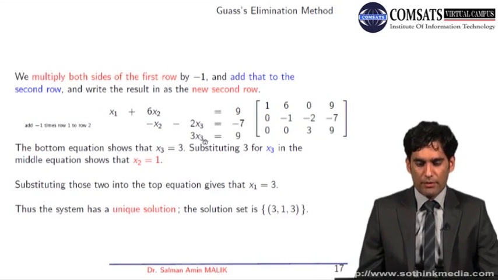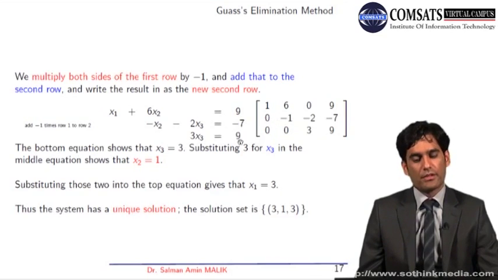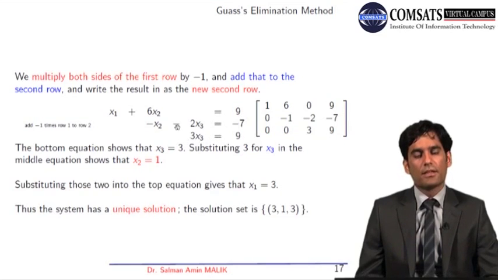Now from the bottom equation, from the third equation, I can have x3 equals 3. And I can put this value of x3 into the second equation, which is this one, and I get the value of x2, which is 1. For getting the value of x1, I have the values of x3 and x2, so I put the values of x2 and x3 in equation 1, and I got x1 equals 3.